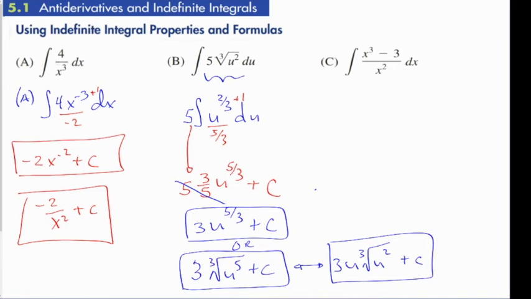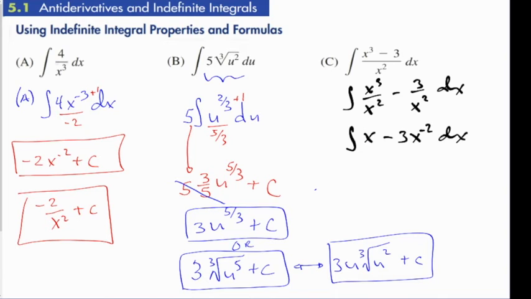Now at problem C, we're going to rewrite this as x cubed over x squared minus 3 over x squared. And what we've done here is said this is a fraction that was joined, 2 separate fractions that became 1. Well, let's split it back to two separate fractions. And now we can simplify the first fraction. X cubed over x squared is x. And minus 3 over x squared can be written as minus 3x to the negative 2.